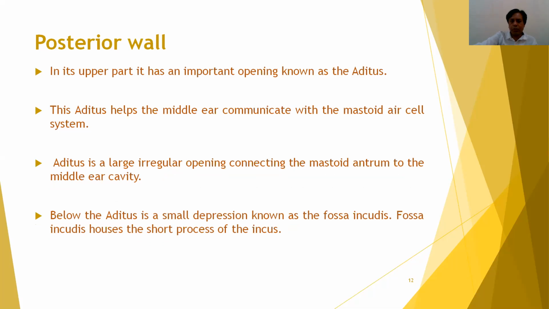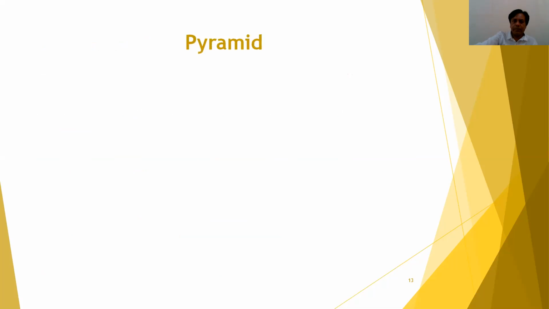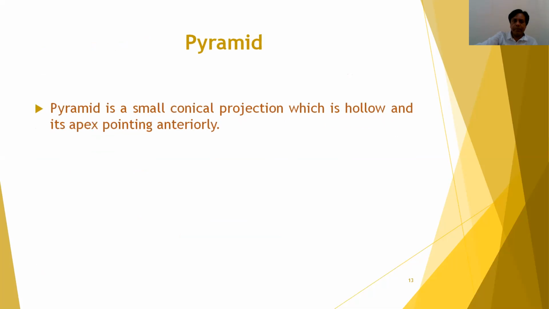Fossa incudis houses the short process of incus. Below the fossa incudis lies the pyramid. Pyramid. It is a small conical projection which is hollow and its apex pointing anteriorly. It contains the stapedius muscle.